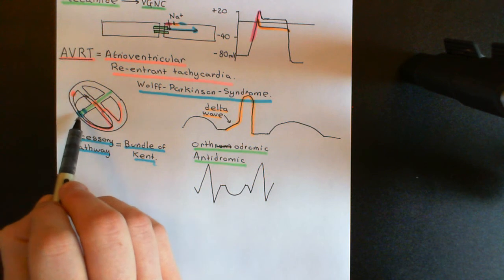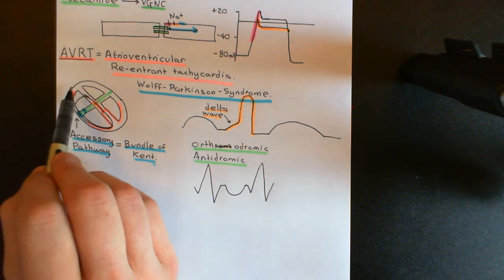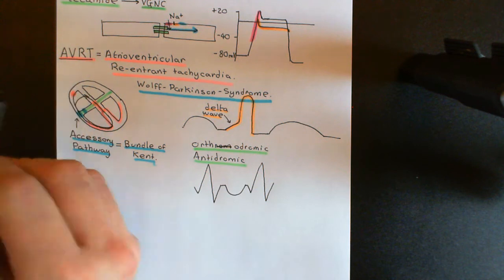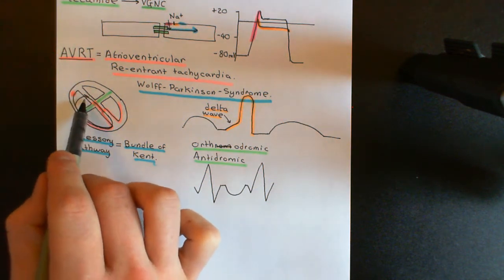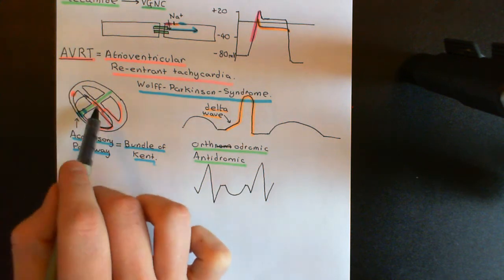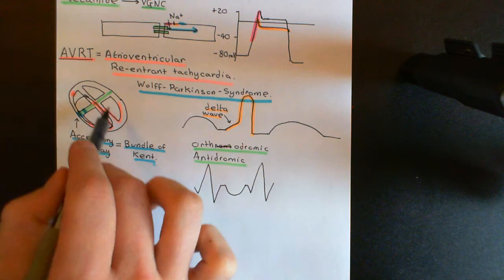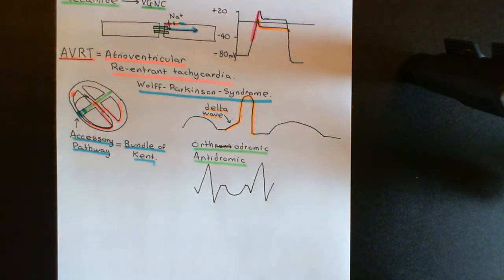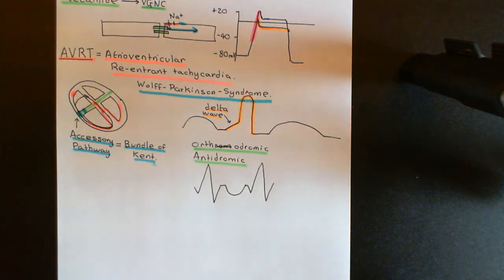So you'll get the electrical signal coming up here from the accessory pathway, meeting the electrical signal coming from the sinoatrial node, and they'll just annihilate each other there, and the electrical signal from the accessory pathway will end up going back round the AV node, which is why the sinoatrial node is failing to actually destroy this circus rhythm, because it's just too fast for it. And you might be able to guess then how we can end one of these episodes of atrioventricular re-entrant tachycardia just with the same interventions that we had previously. Okay, so that's what it would look like if it was going around in an orthodromic direction.